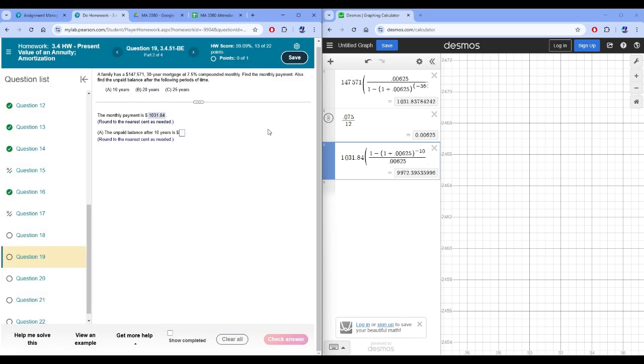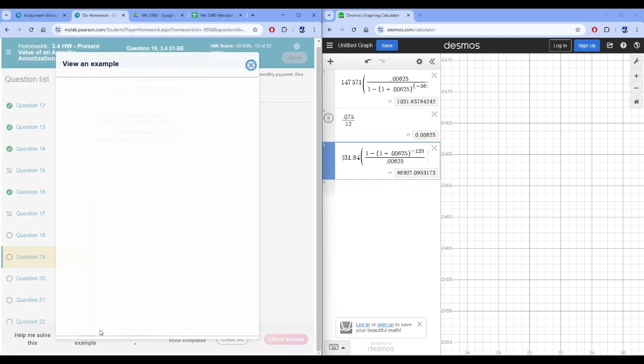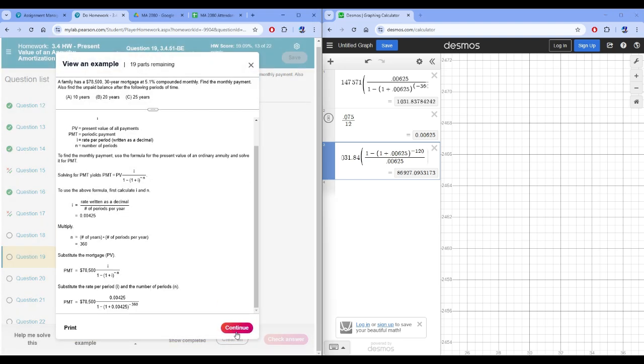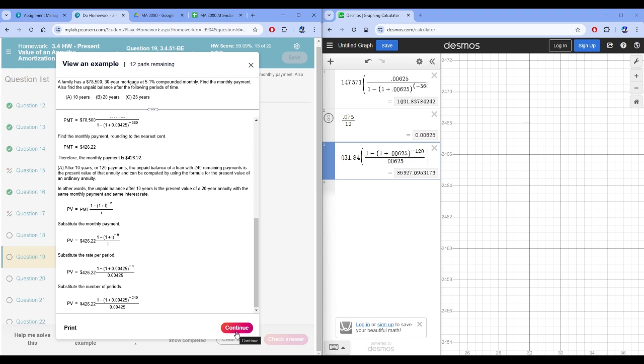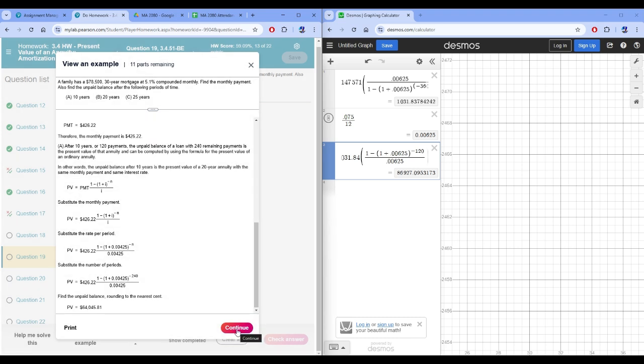240. I gotta multiply 120. 12 times 10 gives me 120. The unpaid balance. Do I do that minus that? I think. I don't know. They find the amount after the 10 years.